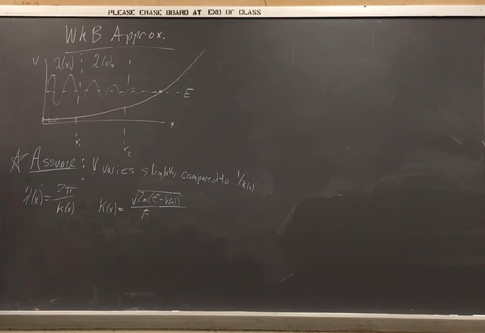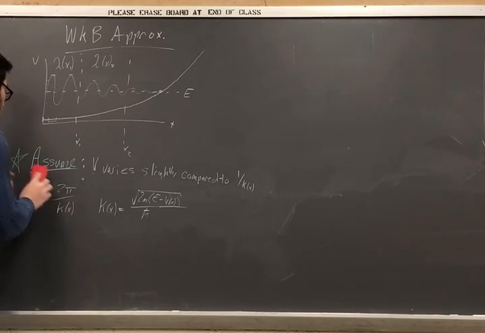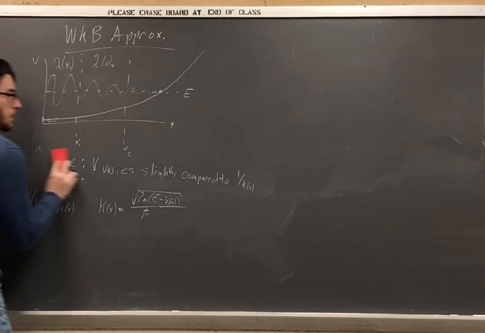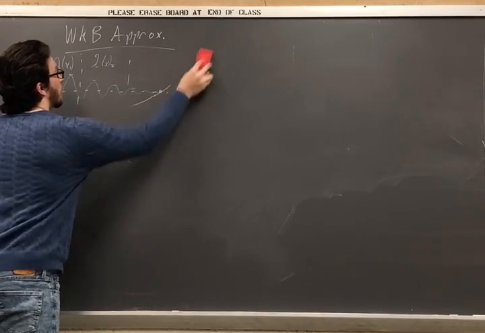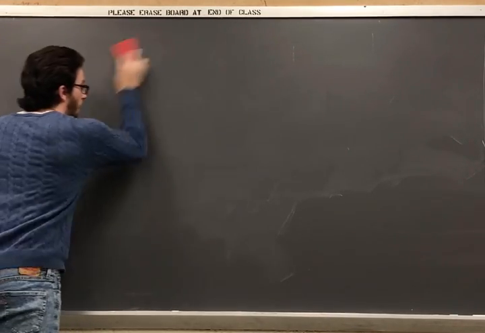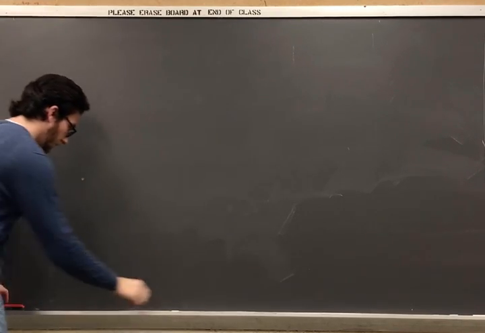Now, let's consider the real meat of this approximation scheme. Let's kind of solve some problems, right? So to begin, I'm only going to consider particles specifically in something I like to call the classical region.